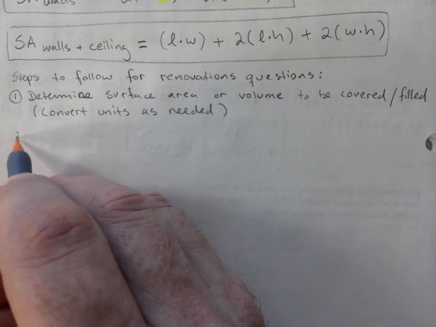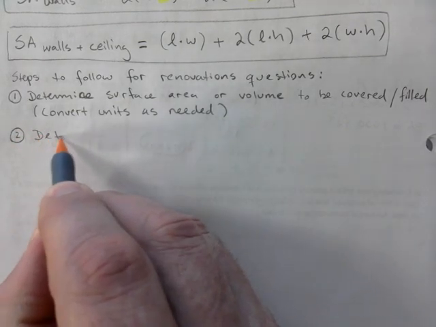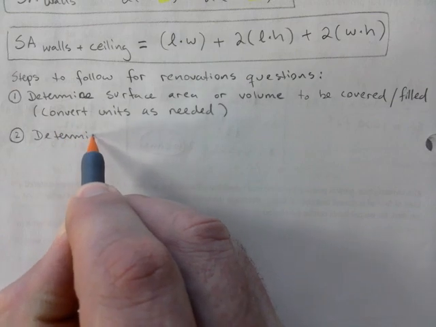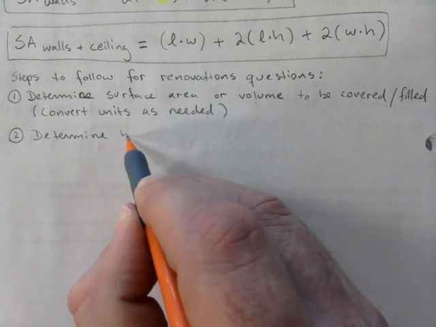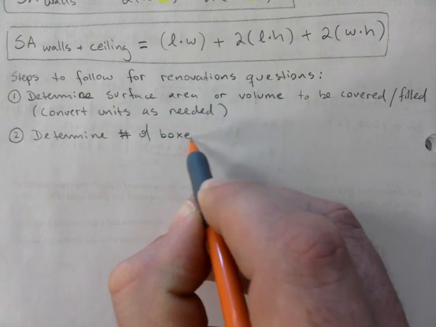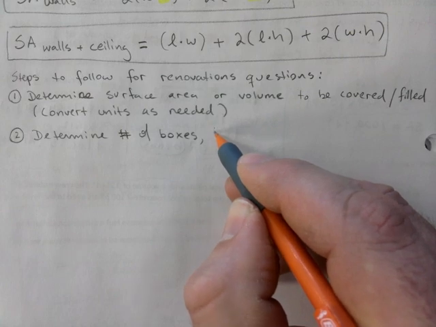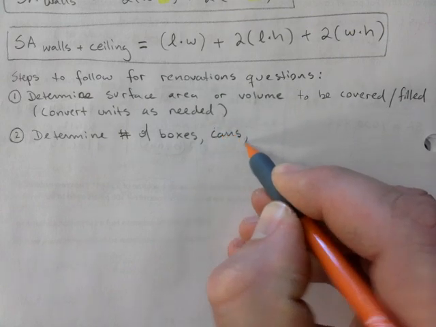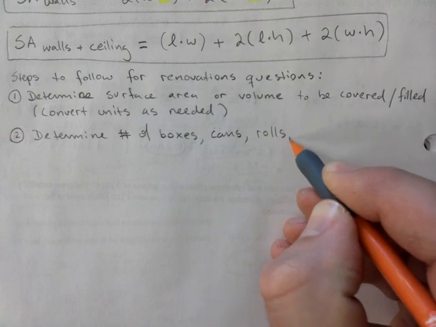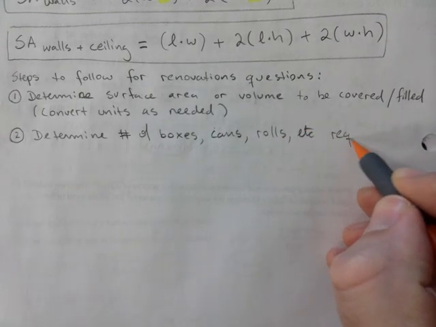Okay. Second step is determine number of boxes, cans, rolls, etc. required.